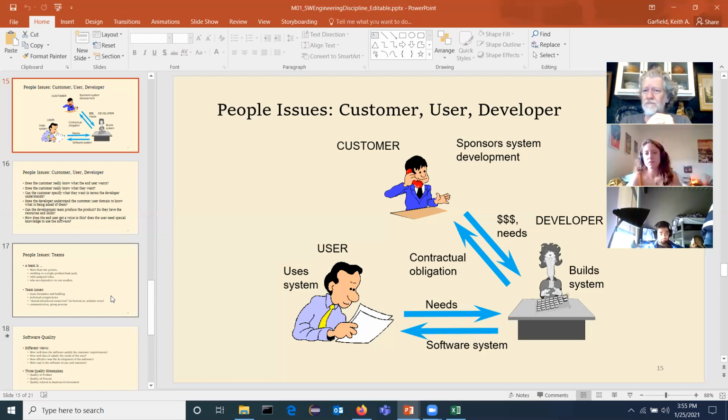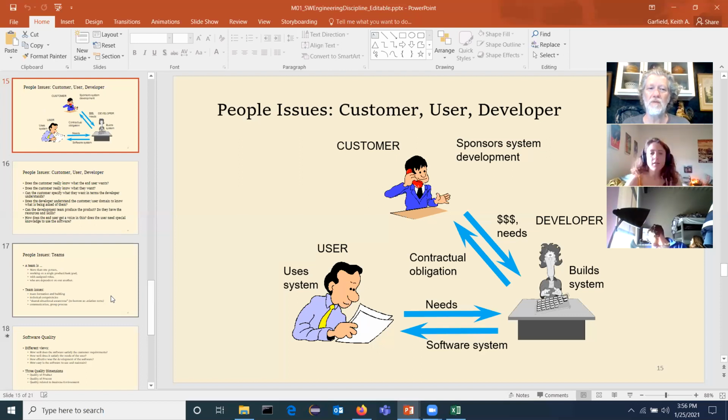So the customer was Embry-Riddle, but the users are faculty members and admins who have to use Workday. And I don't know anything about Workday right now, because I have to take some training classes. I might hate it. I might love it. So the customer maybe didn't know what the end user really needed.